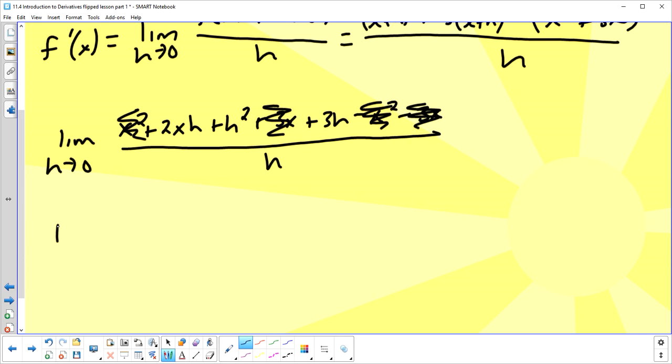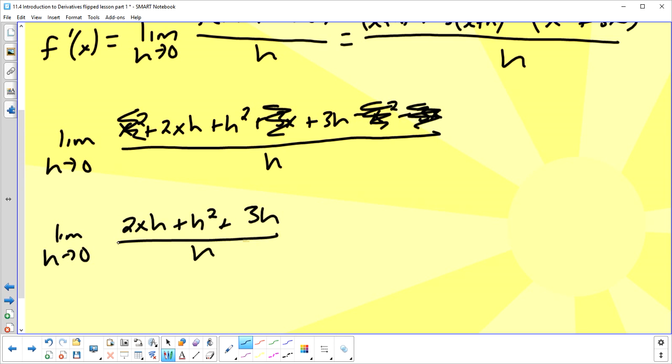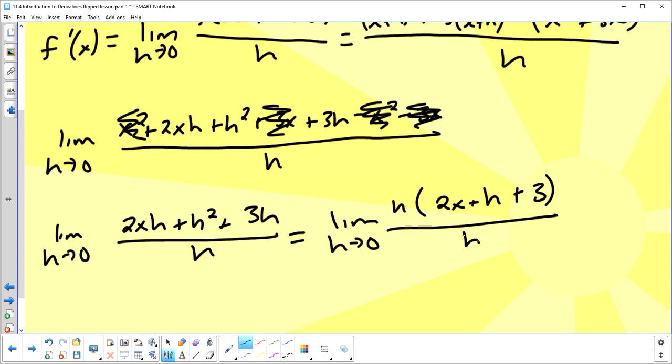And if we rewrite our terms now, you'll notice that each term in the numerator has an h. And what that's going to allow us to do, and I'll show you here, is factor an h out of the numerator, which would leave me with a 2x after I factor out the h, plus this is going to have 1h left, plus 3, and the whole thing is over h.